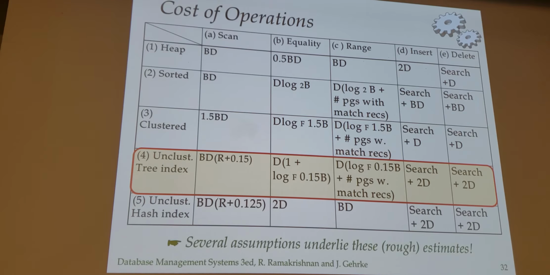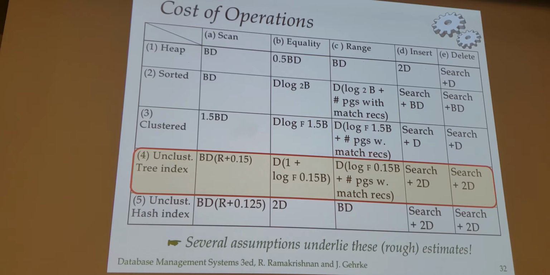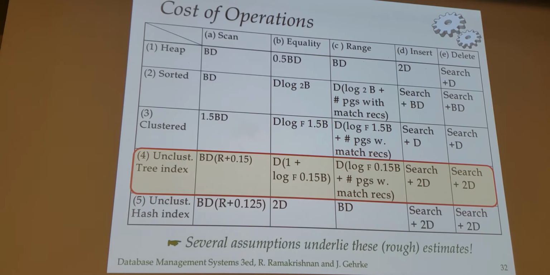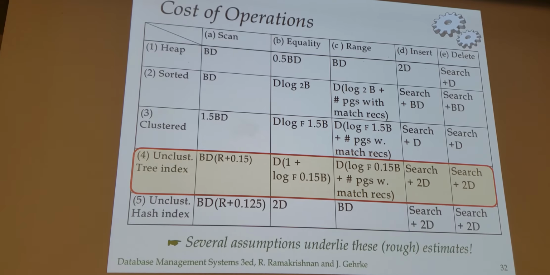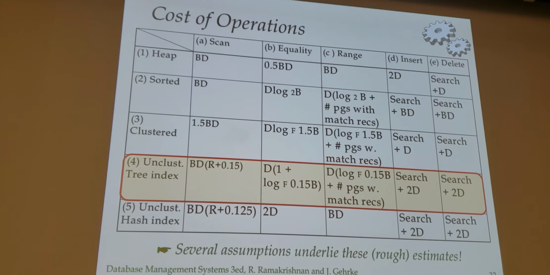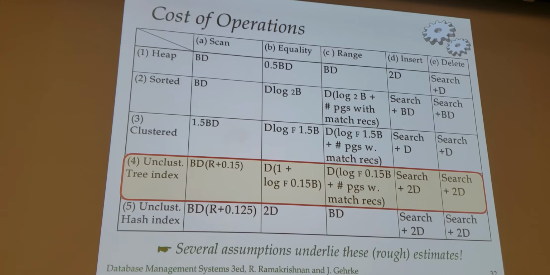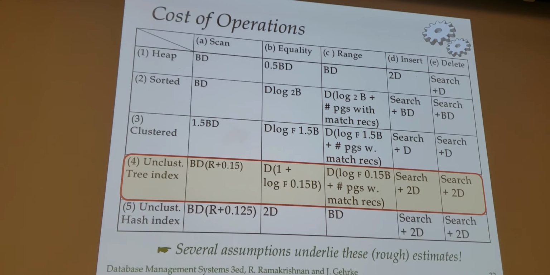So the whole tree would be 1.5b pages? 0.15b pages, yeah, because the 1.5 comes from the expansion, the 0.1 comes from the data entries being 1/10 the size of the data record. So the leaves of the tree, it's going to be 0.15b, yep.